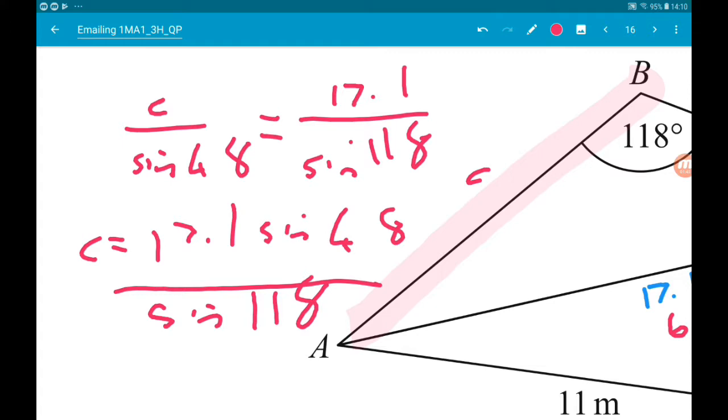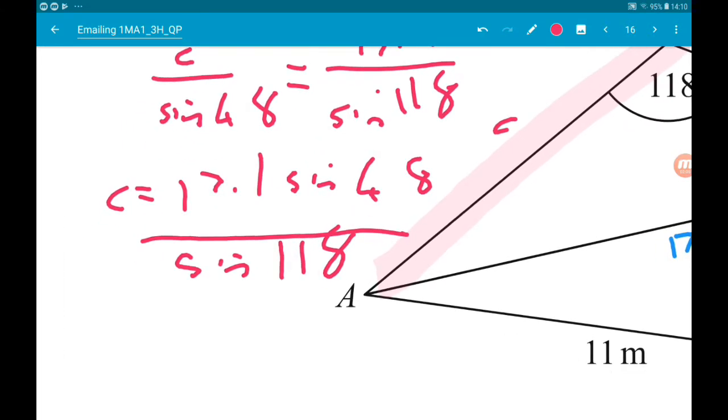So that gives us 14.39 blah blah blah. They want the answer to one decimal place, so we get 14.4 meters. What a massive pain that question was.